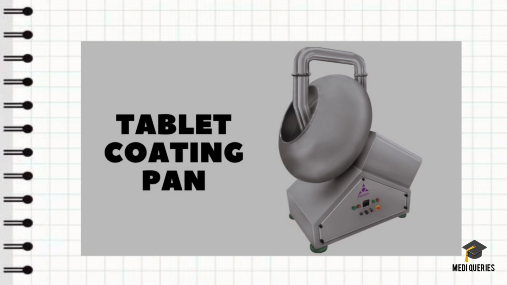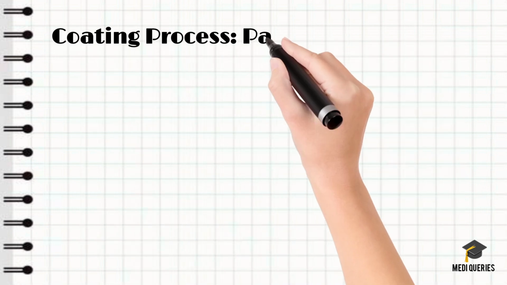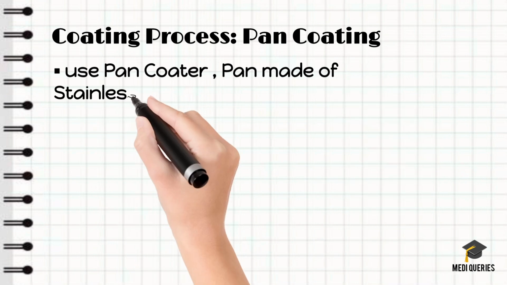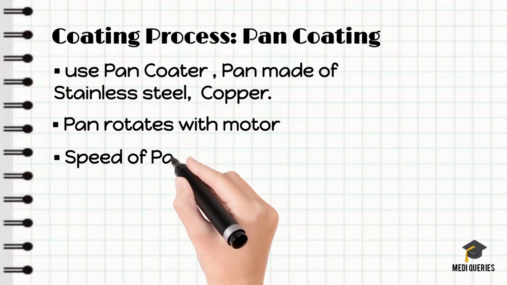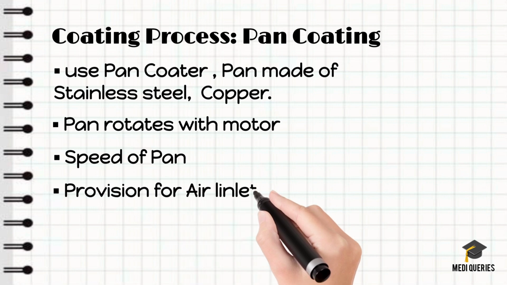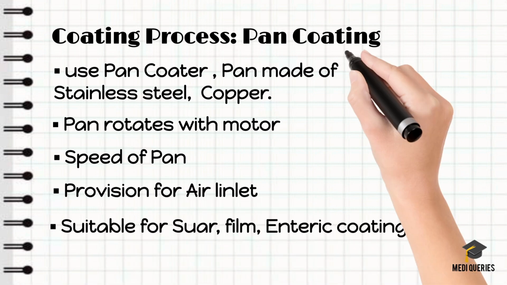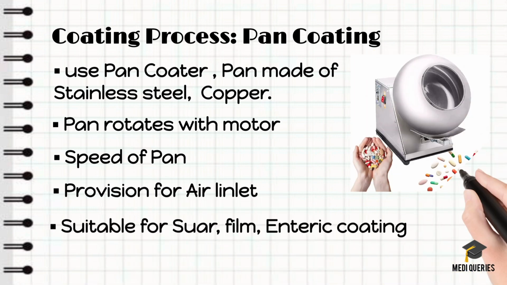So generally we will adopt two types of methods here: the pan coating process and compression coating methods. Okay, we will see them clearly. In this technique, the coating is done in a pan made of copper or stainless steel. Different sizes of pans are available.